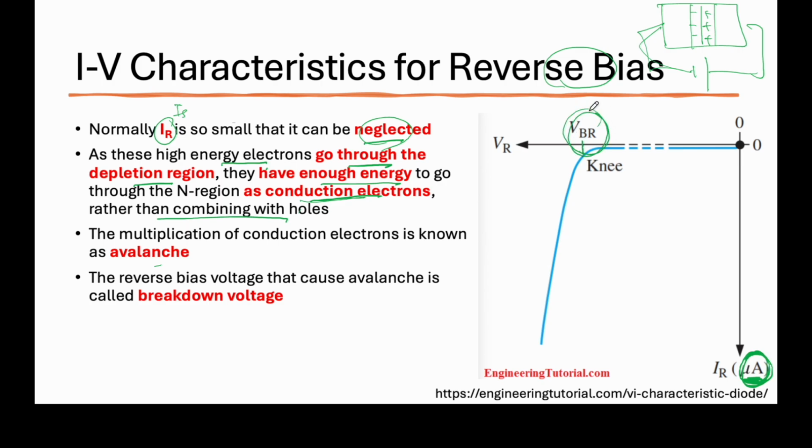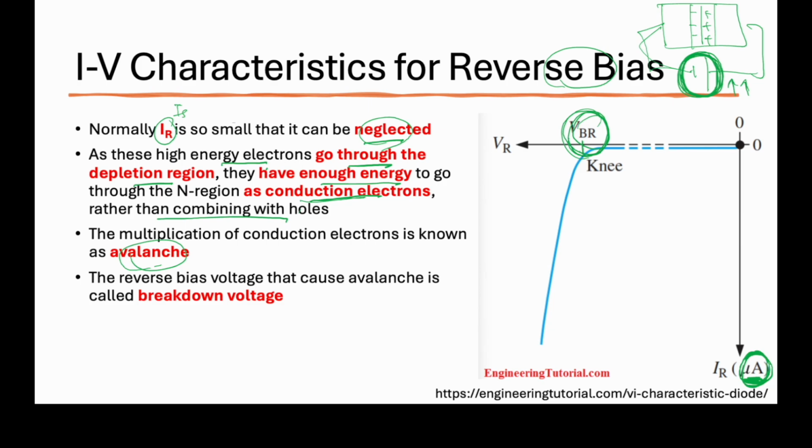There is a breakdown. Breakdown means the voltage that we apply during the reverse bias is too high, and there is an avalanche.